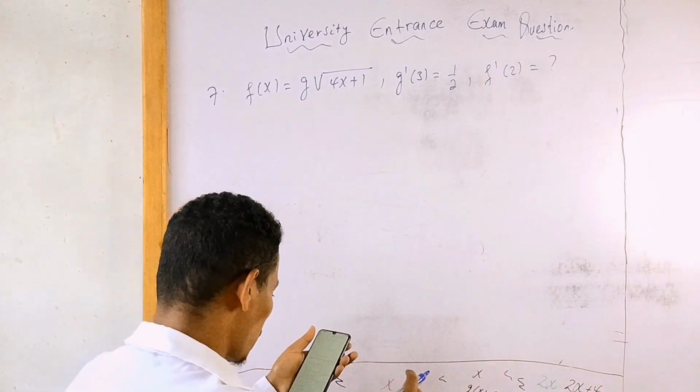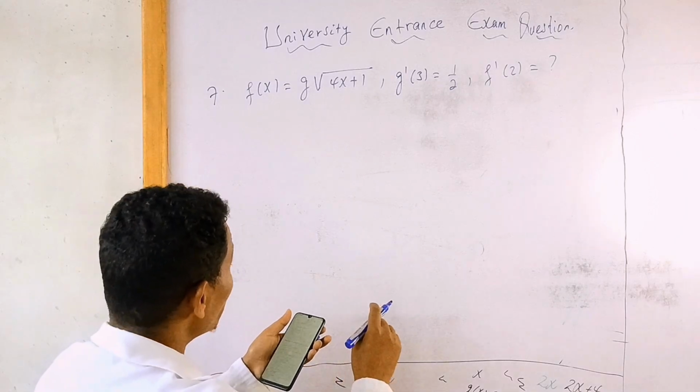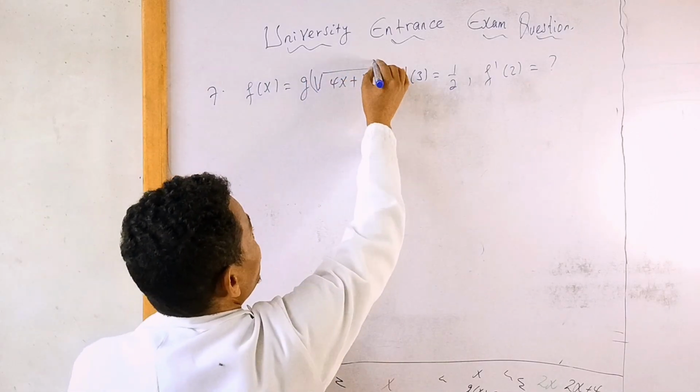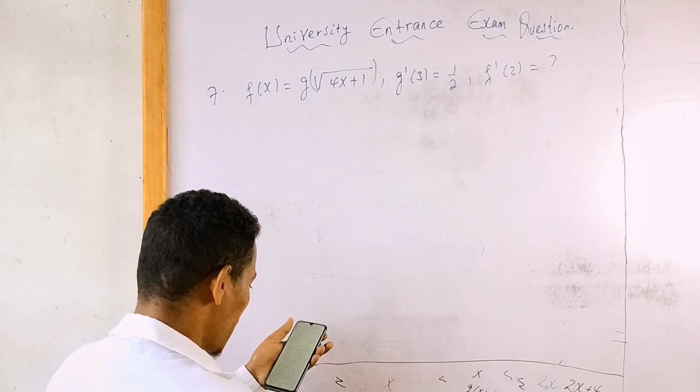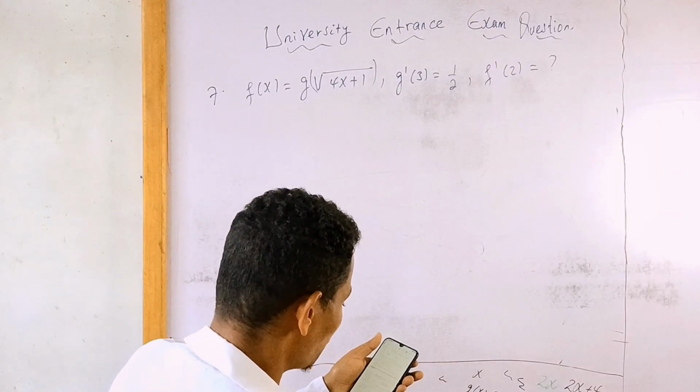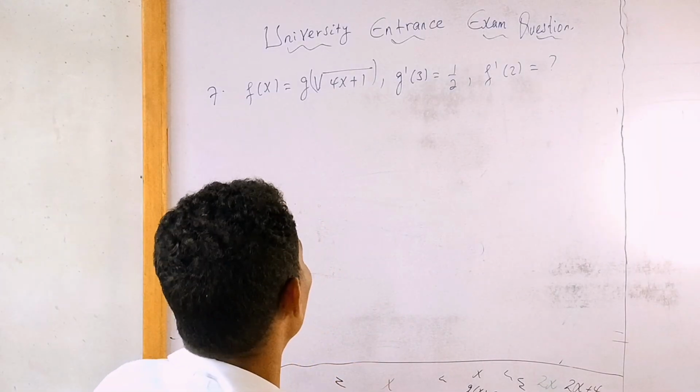It's given that f of x is equal to g of radical 4x plus 1. If g derivative at 3 is equal to 1 over 2, then f derivative at 2 is equal to blank.